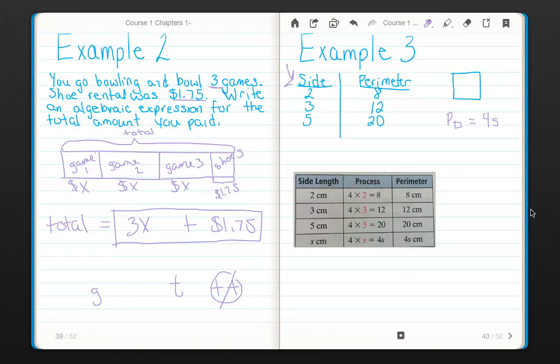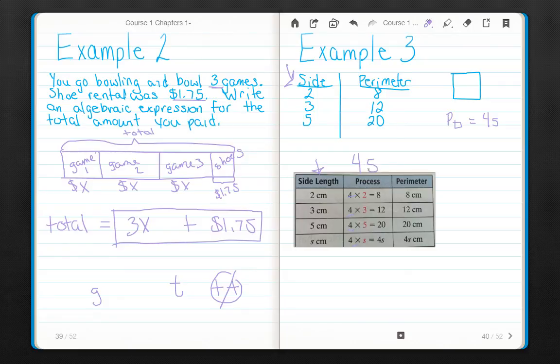So, which expression can you use to find the perimeter? We just did it. If my side length is 2, I multiplied that by 4 because there are 4 sides in a square. 4 times 2 is 8. So, 4 is my constant. I see that each and every time.